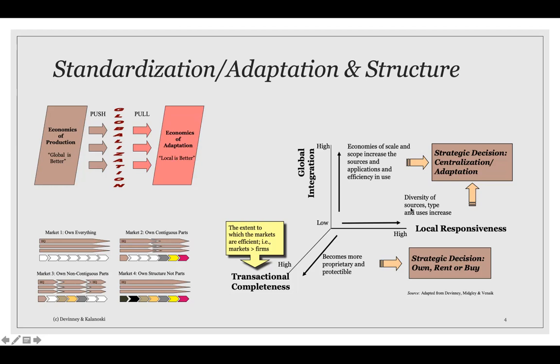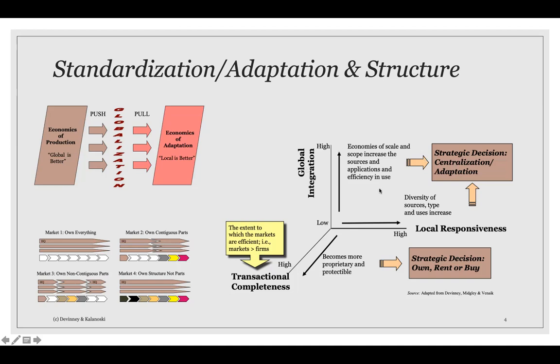The local responsiveness aspect is driven by the economics of adaptation, and essentially driven by the diversity of different customers, their density of usage, how they use the product, and on down the line. So this one is driven by the pull of heterogeneity. This one is given by the pull of standardization, economies of scale.